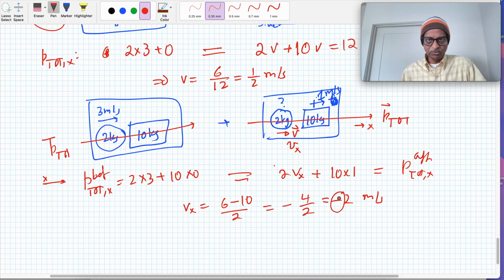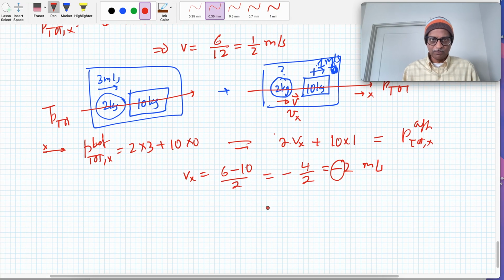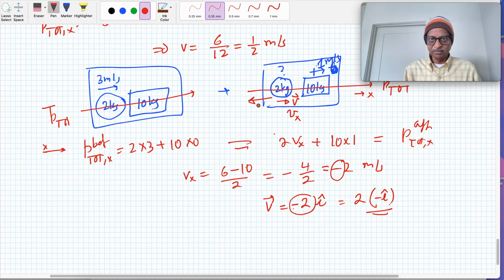Now we got a minus 2, so v is minus 2 i hat, because of the x direction. So 2 is the magnitude and minus i hat is the direction, and that means it bounced back. That's the answer.